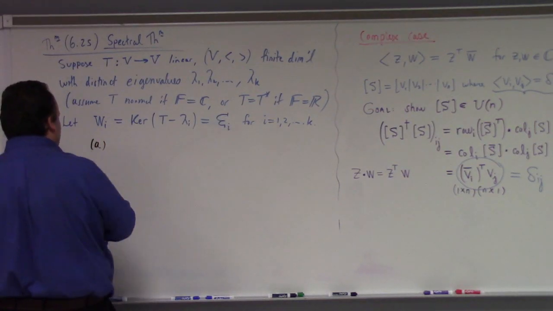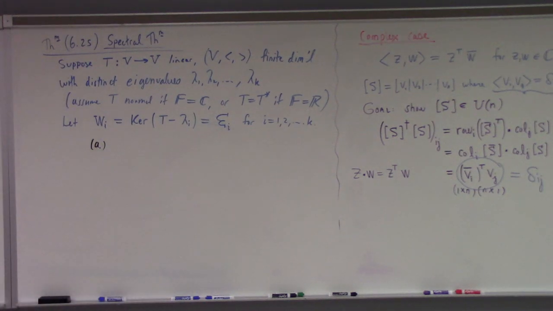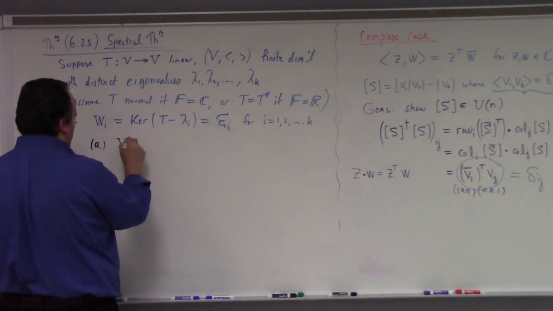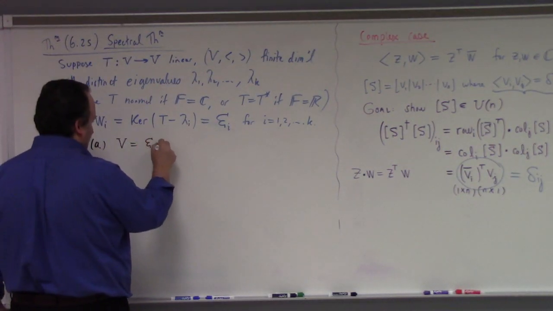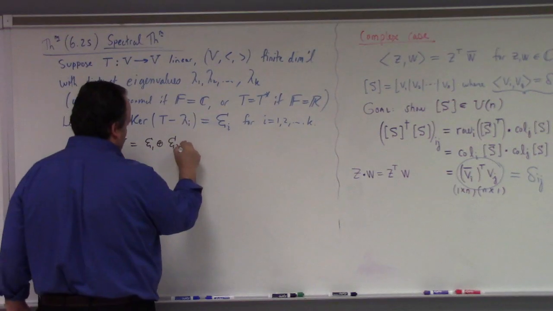Part A: we have V is the direct sum of the eigenspaces.